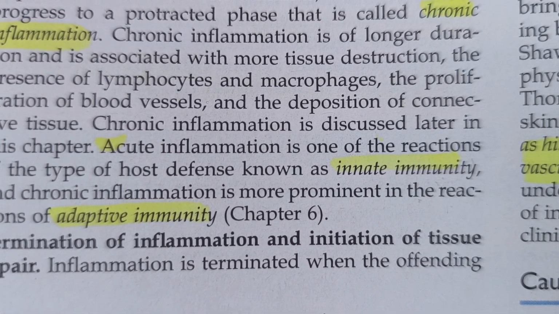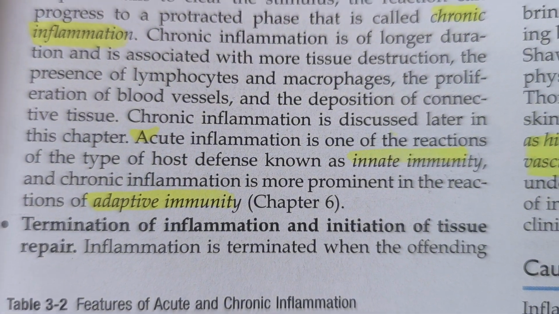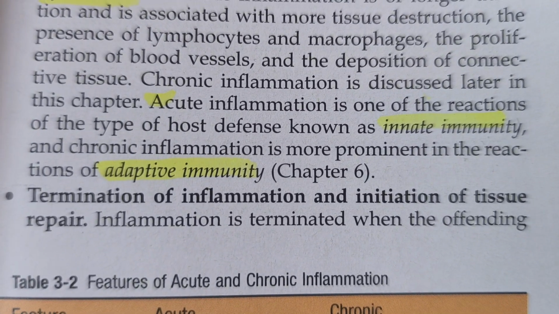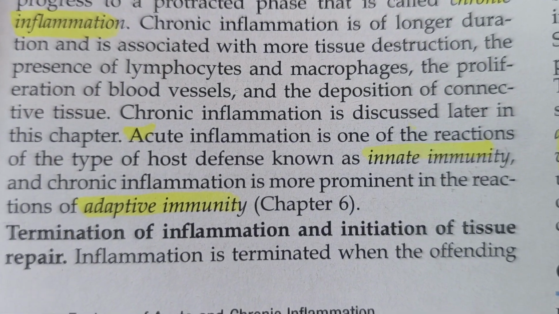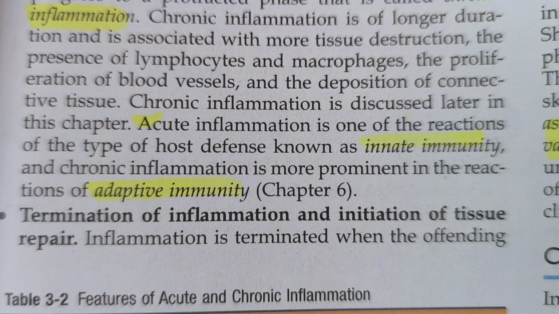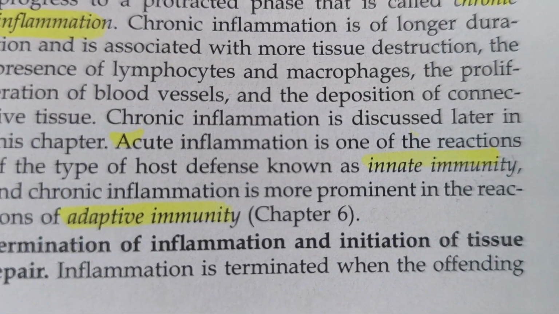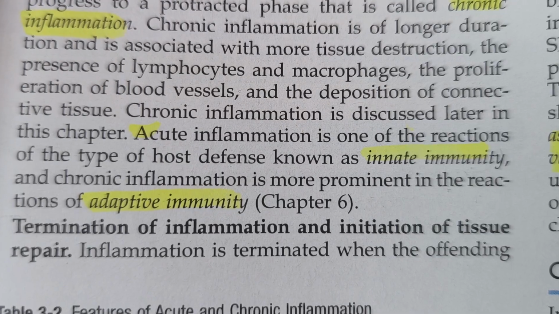Chronic inflammation is discussed later in this chapter. Acute inflammation is one of the reactions of the type of host defense known as innate immunity, and chronic inflammation is more prominent in the reactions of adaptive immunity.